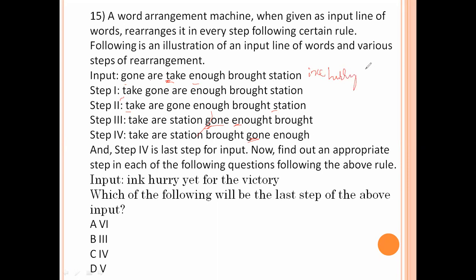Hurry, yet for the victory. Here 1, 2, 3, 4, 5, 6 letters. Here 1, 2, 3, 4, 5, 6. How many steps does it take to write the same thing? Yet is the highest letter.